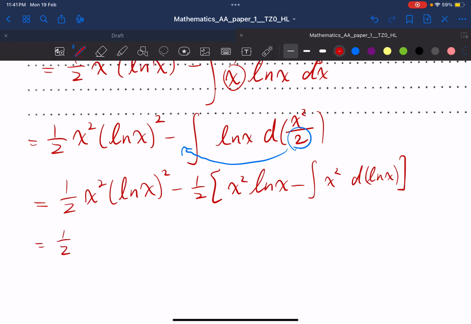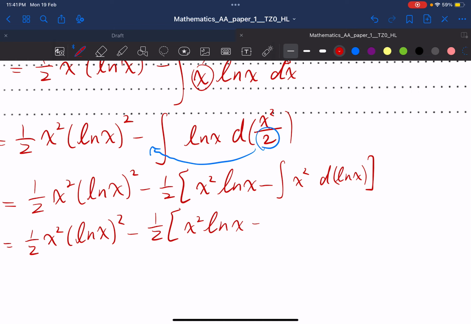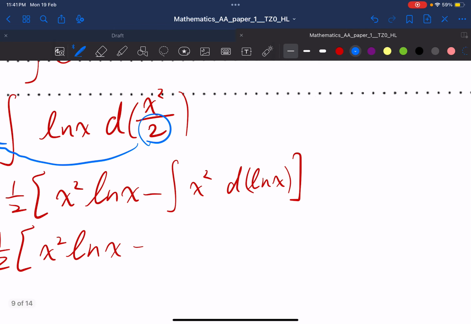So this is 1/2 of x squared ln x squared minus 1/2 times x squared ln x. And then we'll do this quickly because I don't want to write too much. Here it's like this, and then differentiate ln x, 1 over x dx. They cancel out.